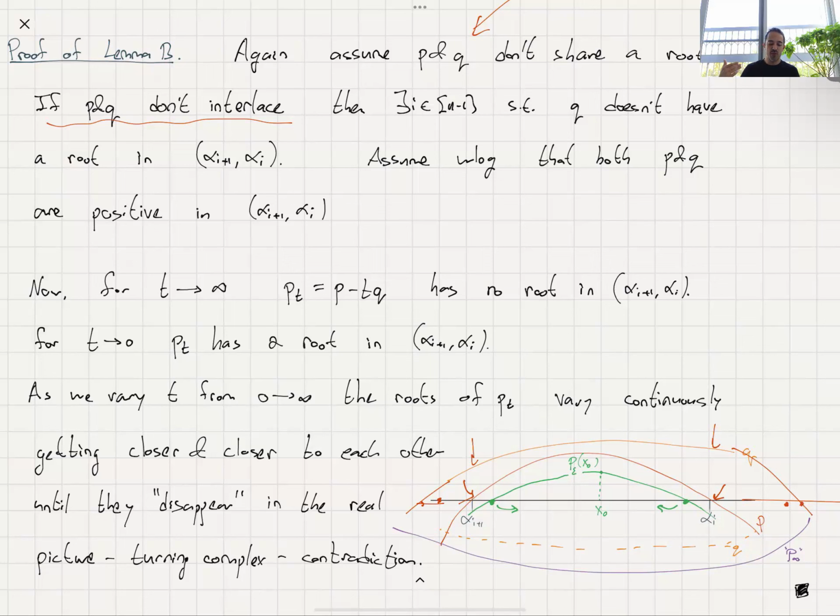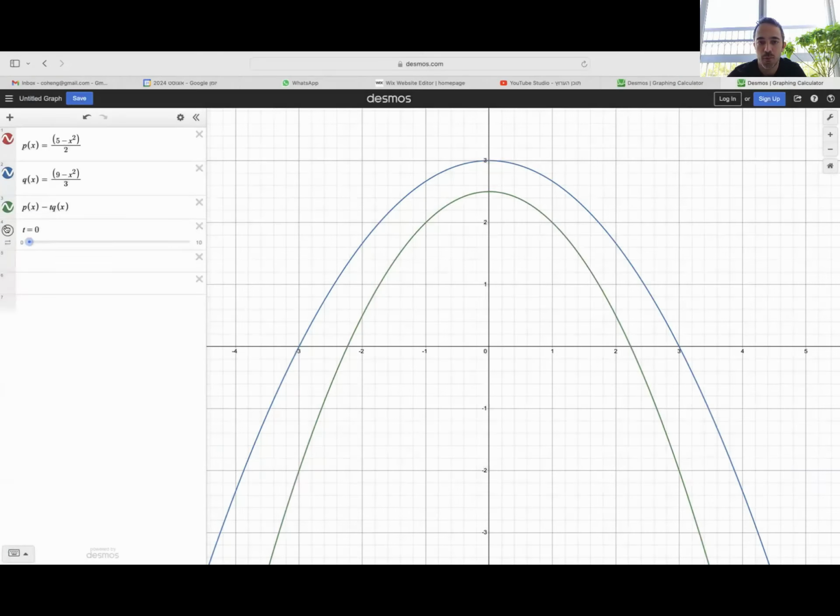On the other hand, as t goes to 0, right? When t actually is 0, you get P. So as t goes to 0, the roots are going to get closer and closer to those of P. Let me just show it to you in a diagram here. So here's the diagram I have in mind. P and Q are these polynomials that I chose. P is the red one and Q is the blue one.